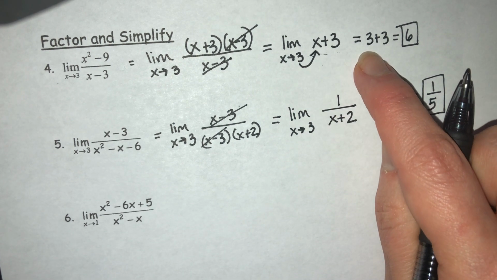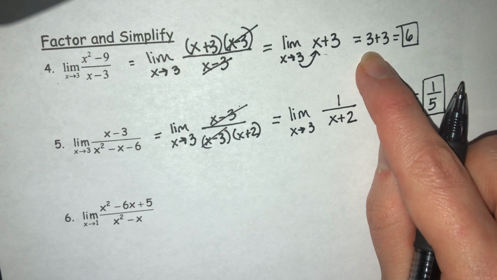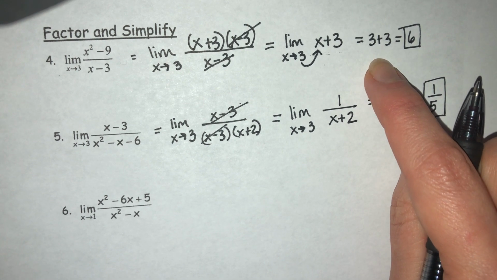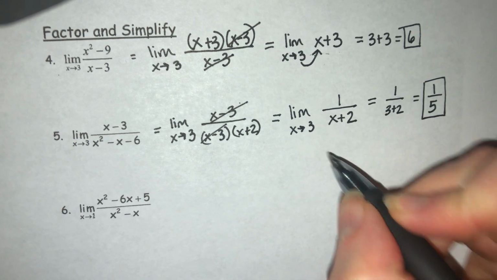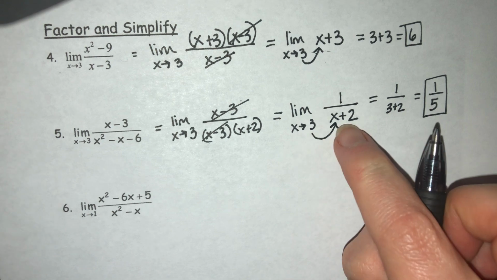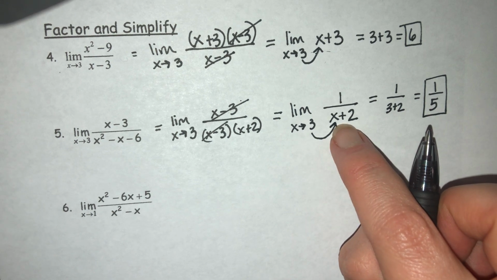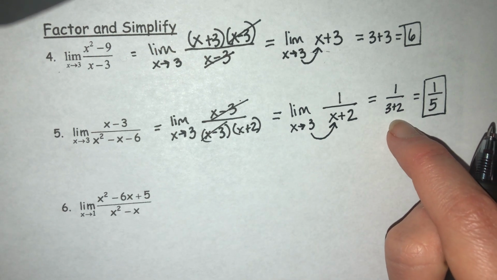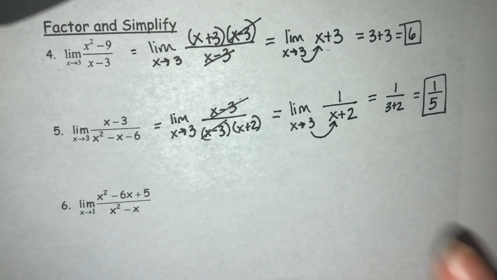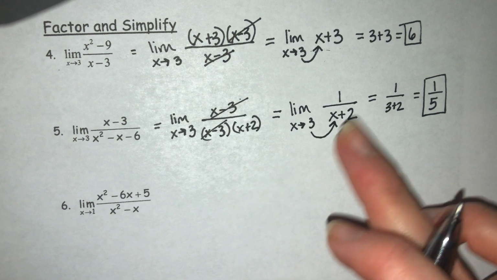Now x is 3. So the x is gone and it's just numerical. This is the answer to the limit problem. So once you've substituted that value in place of your variable, you no longer write limit on that step. But the other steps should have the limit as x is approaching the value preceding the function.